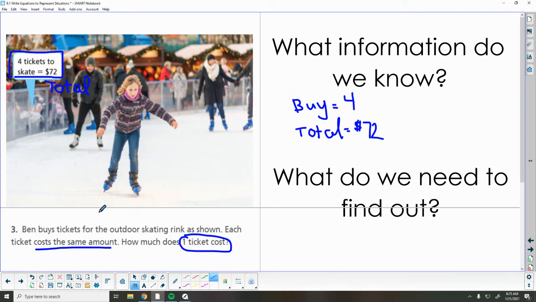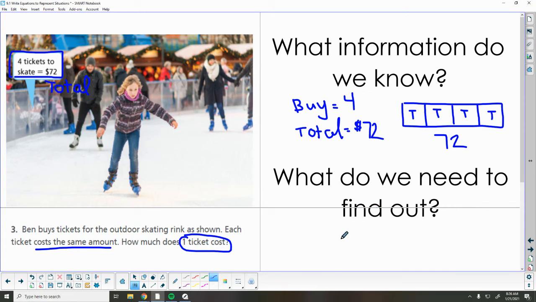So we're doing the same thing over and over again. So here's our total of 72. And we know that they took that and they bought 4 tickets. So this ticket is the same price as this ticket, same price as this ticket, same price as this ticket.